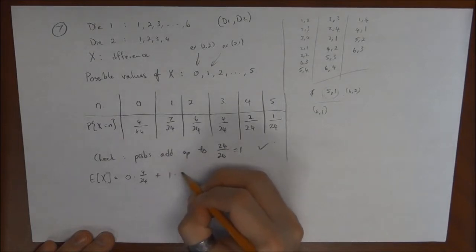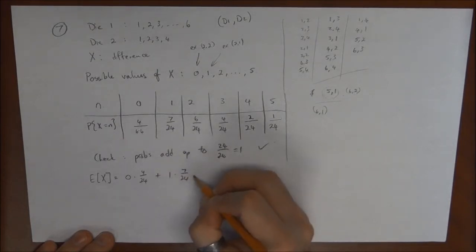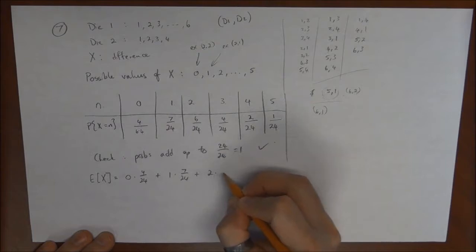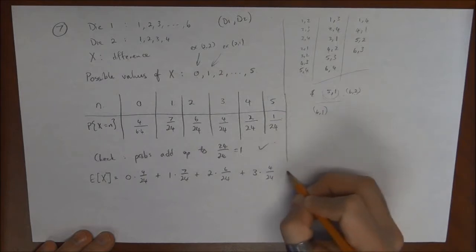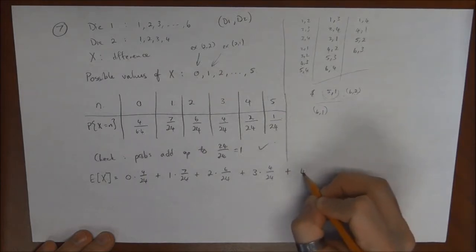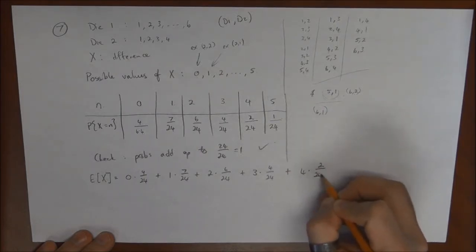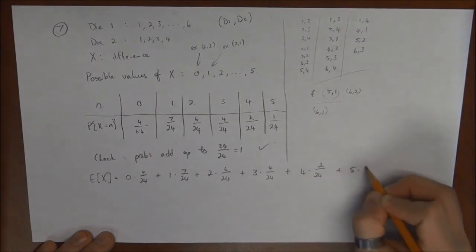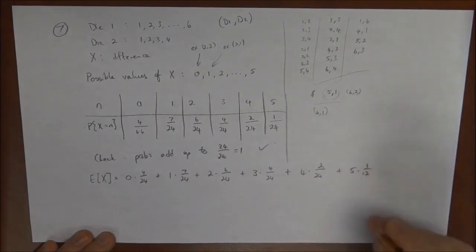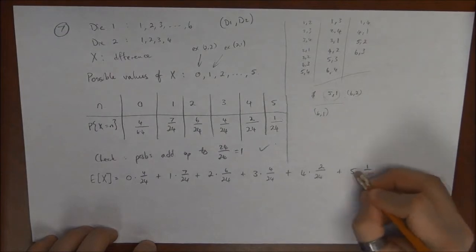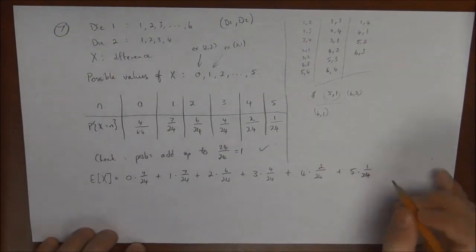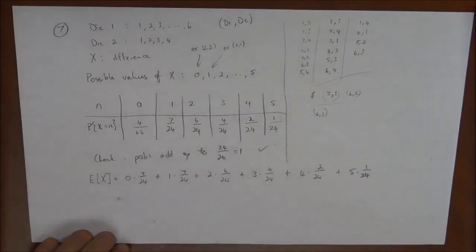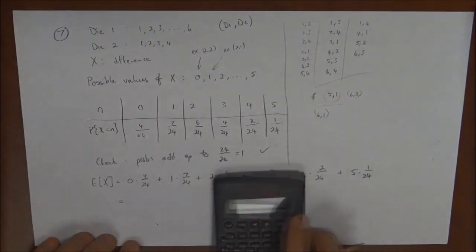Plus 1 times 7 over 24, plus 2 times 6 over 24, plus 3 times 4 over 24, plus 4 times 2 over 24, plus 5 times 1 over 24, over 24. And now I have to calculate that, so I get out my calculator.